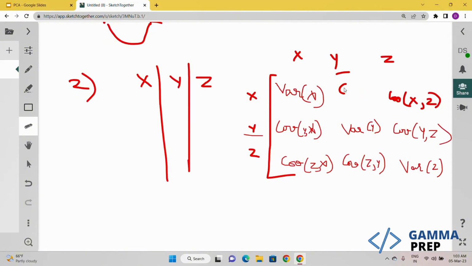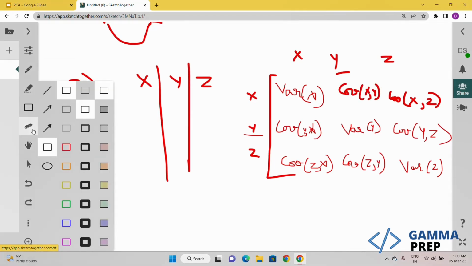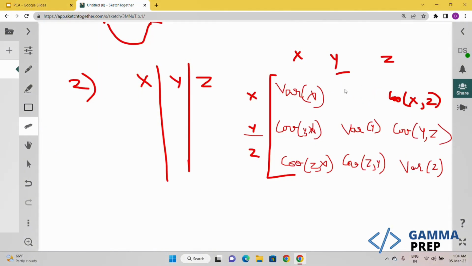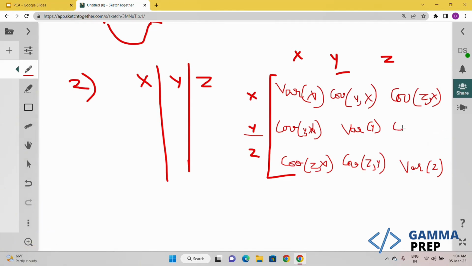So both can be written the same way. Then again, the covariance of X and Z can be written as the covariance of Z and X, and the covariance of Y and Z can be written as the covariance of Z and Y.